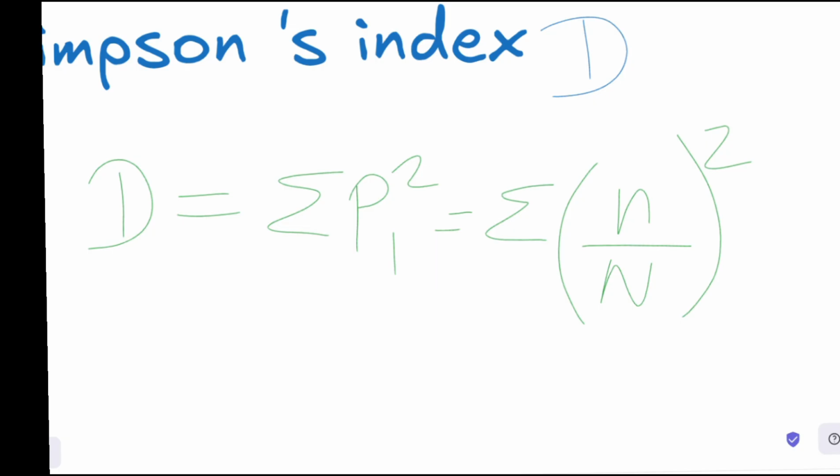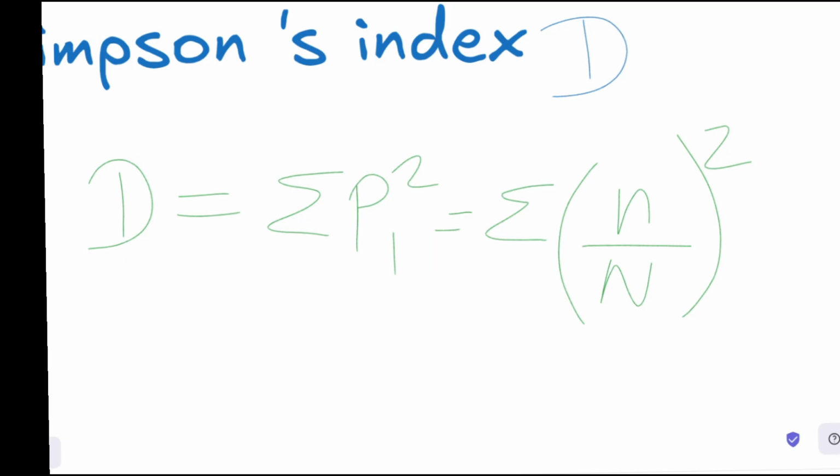The Simpson Index, denoted by D, is a measure of the species diversity in an ecosystem based on the concept of dominance. It measures the probability that two individuals randomly selected from a sample will belong to the same species. So it is actually a measurement of dominance.